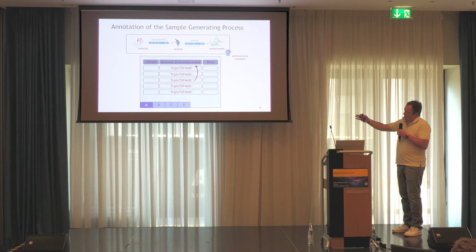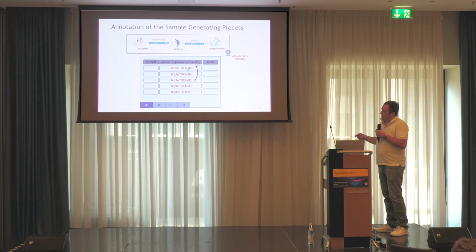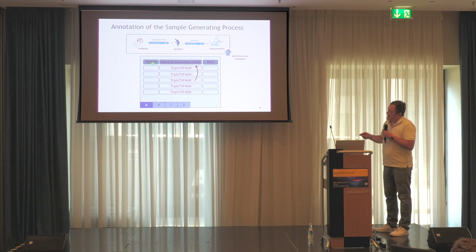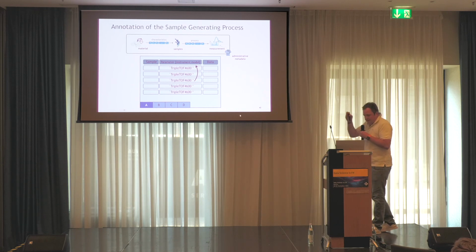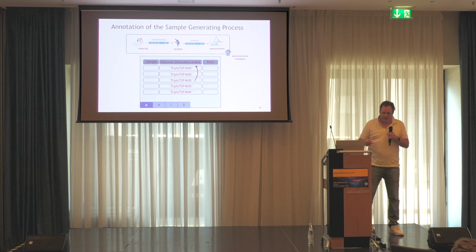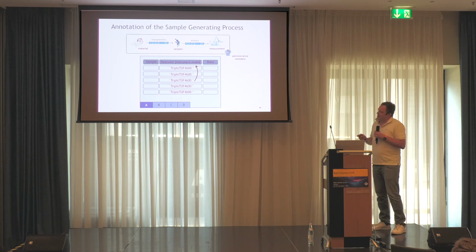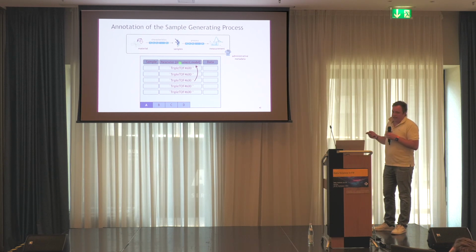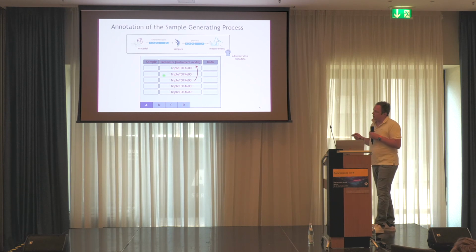So we collapse this into a table, and we always say, tell me the source name and the sink name, and put columns in between which describe the process from source to sink. The important bit here is that you should not use free text, you should use an ontology.